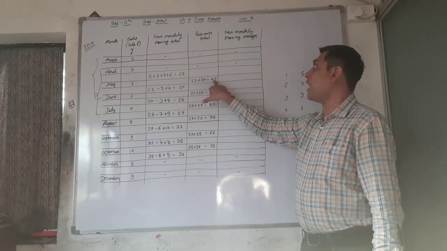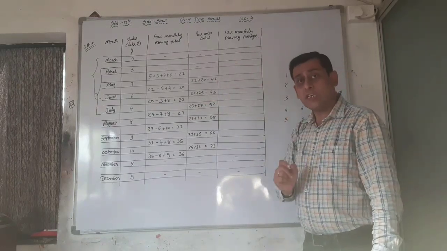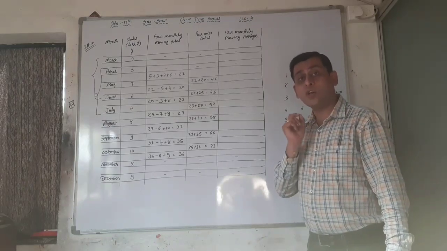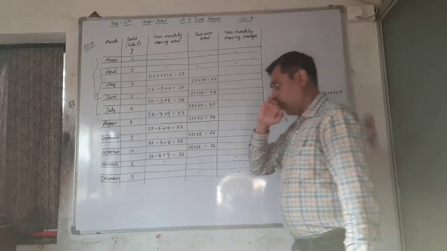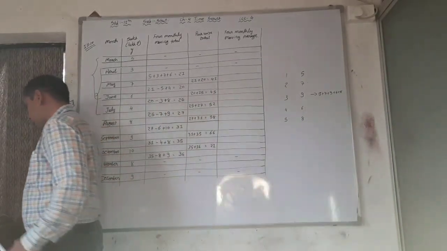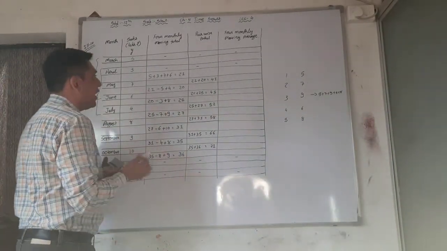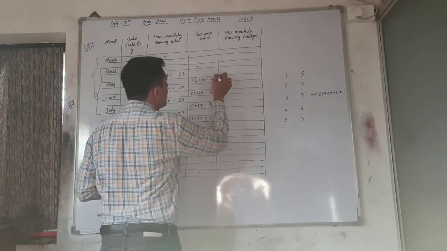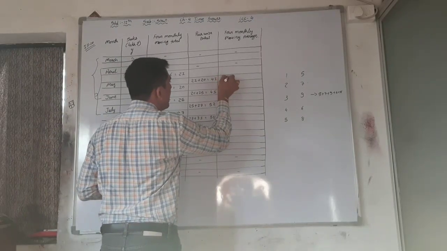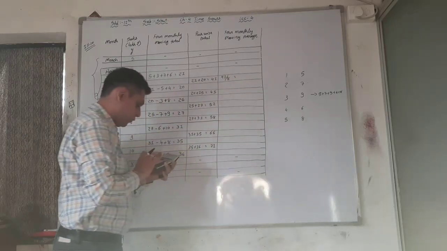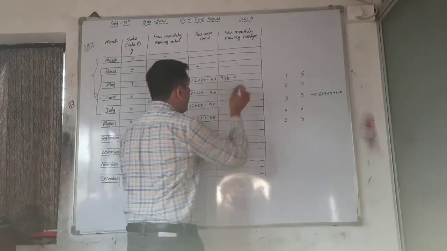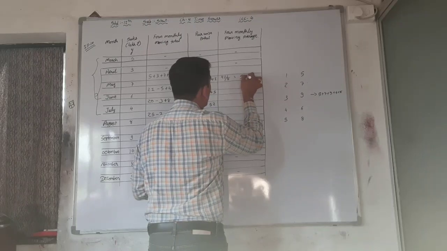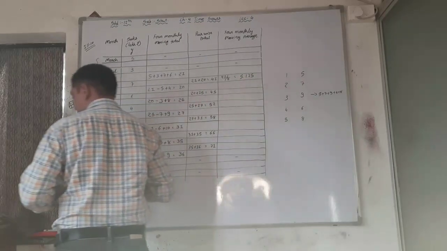If we want to find out the average of these, then we have to divide not with 4, we have to divide with 8, right? Okay, we are dividing right now. Now 41 divided by 8 is equal to 5.125, right?